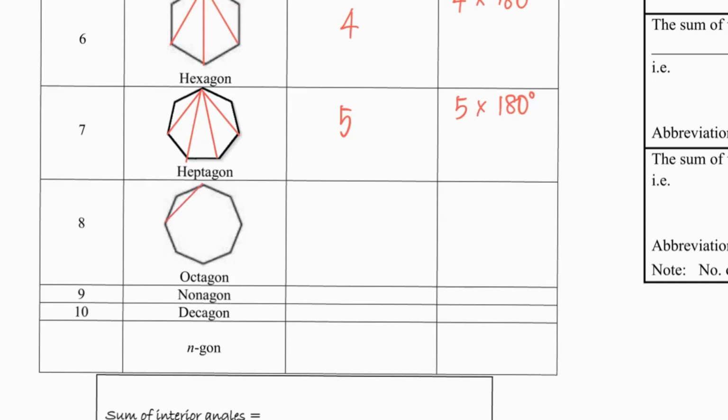1 triangle, 2 triangles, 3 triangles, 4 triangles. Wait a minute, I can make one more. 5. 1, 2, 3, 4, 5, 6. 6 triangles.